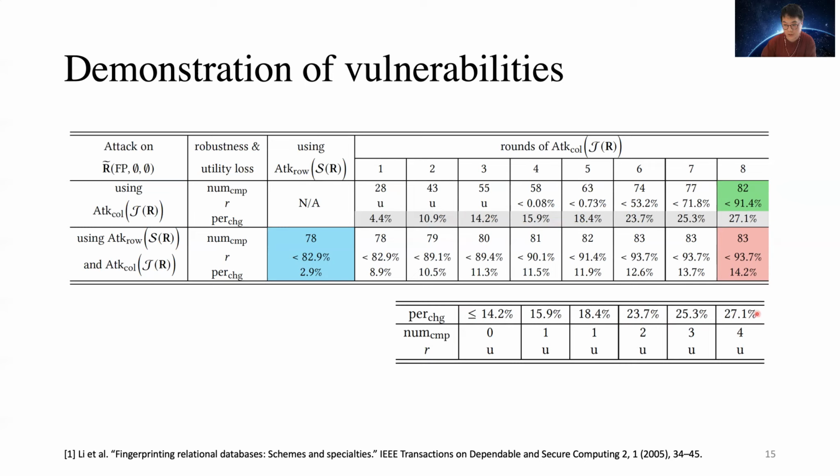We see that if the attacker randomly changes 27% of the entries, then he is only able to compromise 4 fingerprint bits and will make this malicious user uniquely accusable for the data leakage. We would like to highlight that the vulnerabilities are actually widespread in existing fingerprint schemes.